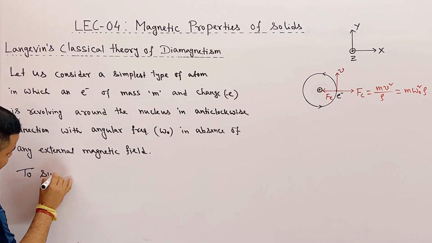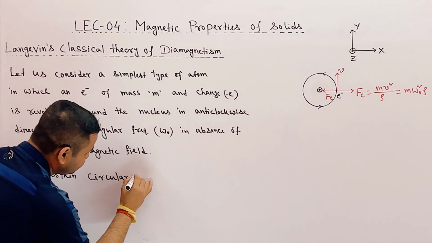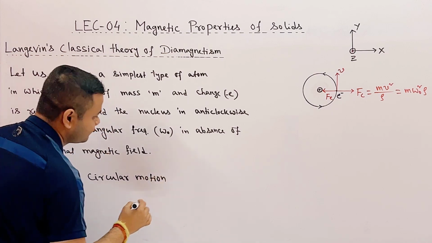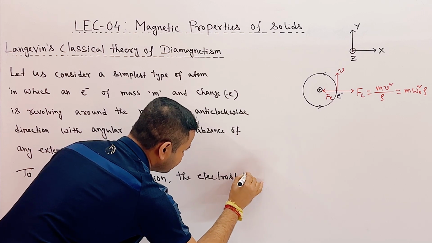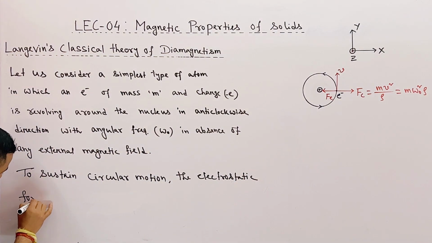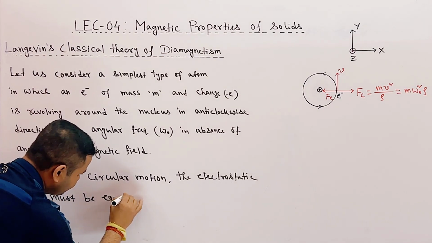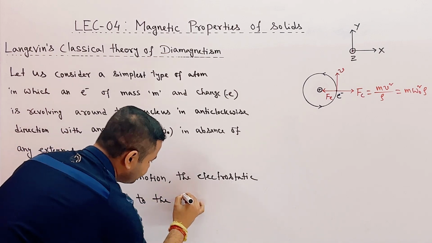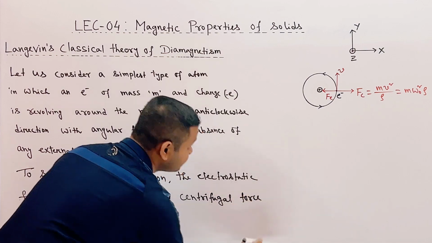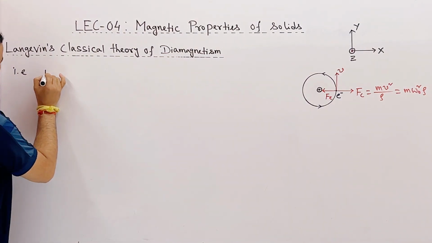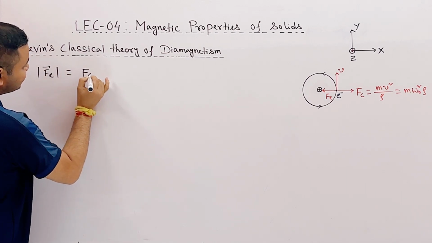To sustain circular motion, the electrostatic force must be equal to the centrifugal force, that is, magnitude of electrostatic force is equal to magnitude of centrifugal force.